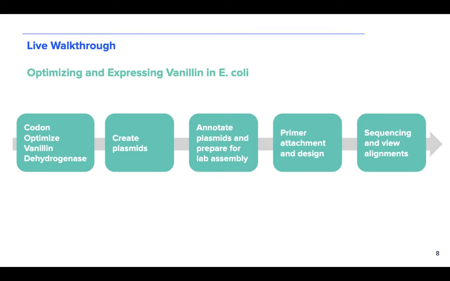So this is the example walkthrough that Damian's going to be going through in a little bit. We're going to be optimizing and expressing vanillin in E. coli. So what this is really going to entail is codon optimizing vanillin dehydrogenase, creating a bunch of plasmids, annotating those plasmids, and preparing them for assembly, and then attaching primers, designing, and then finally sequencing and validating what we got.